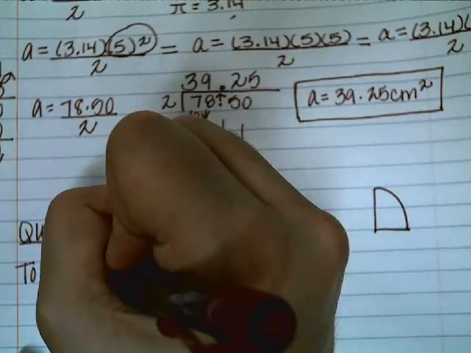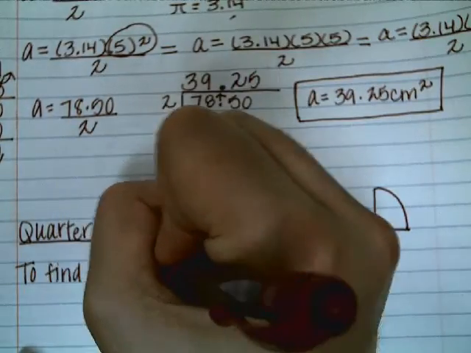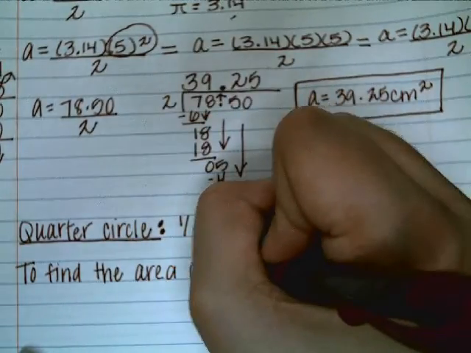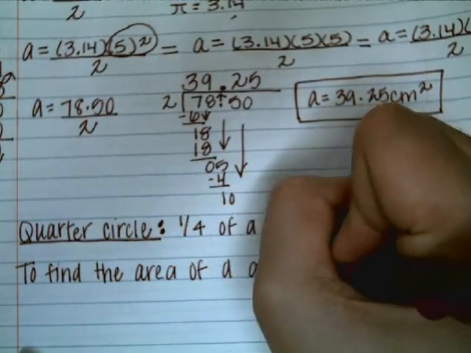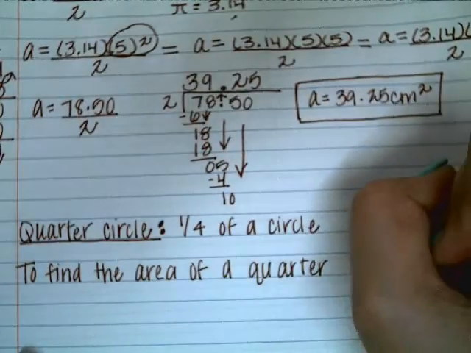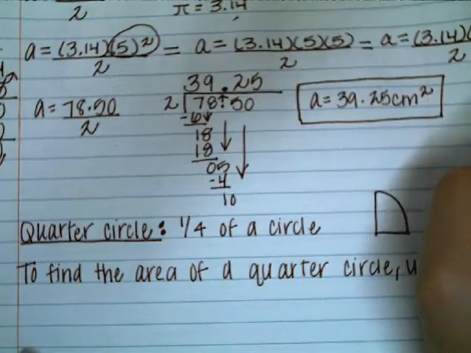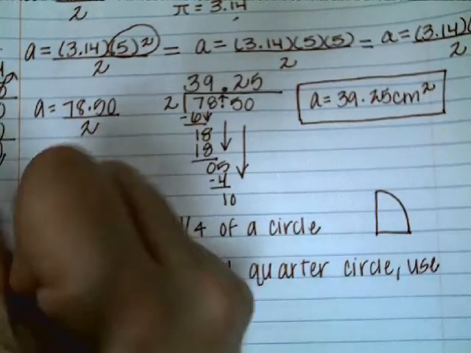So to find the area of a quarter circle, you're going to use the following formula.